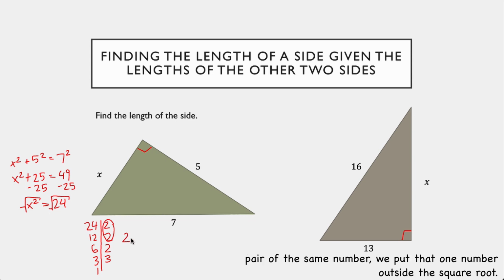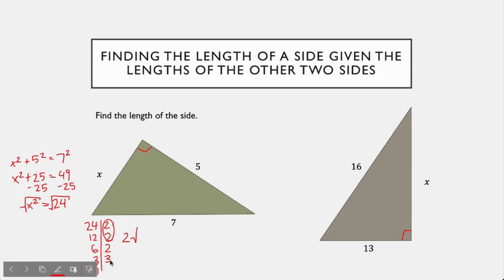And then the rest is going to go inside, and 2 times 3, yes, we multiply them because these are all prime factors. They are all multiplied together to get 24. We take 2 and 3, multiply them together to get 6, and that's our simplified version of the square root of 24. So x is equal to 2 times the square root of 6.